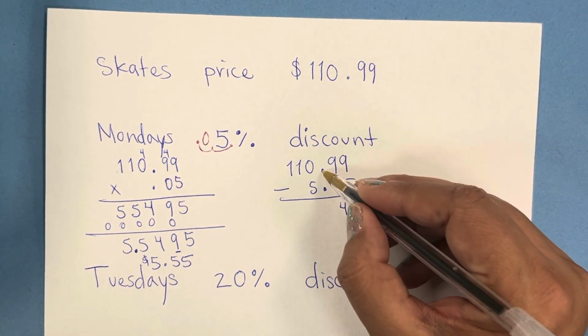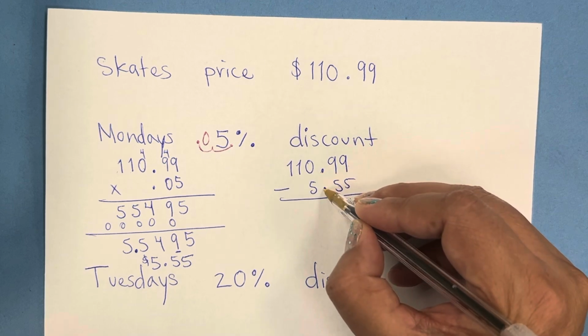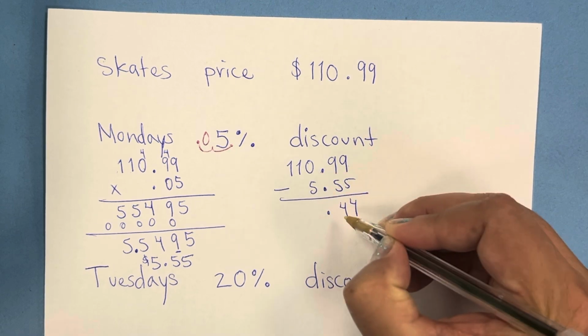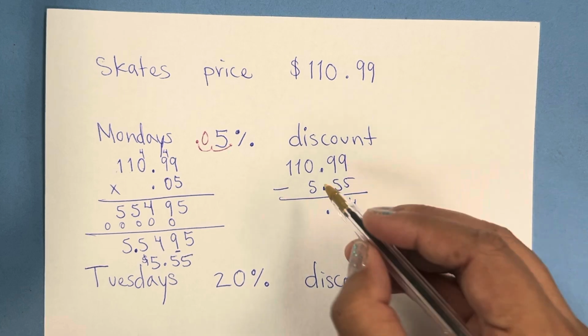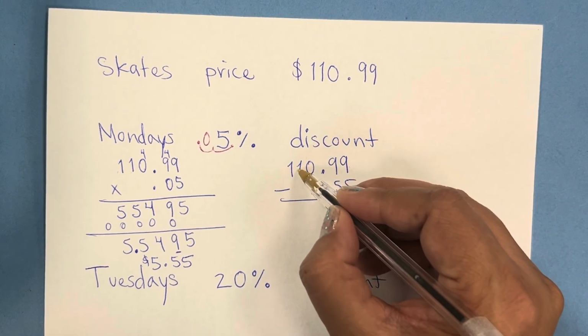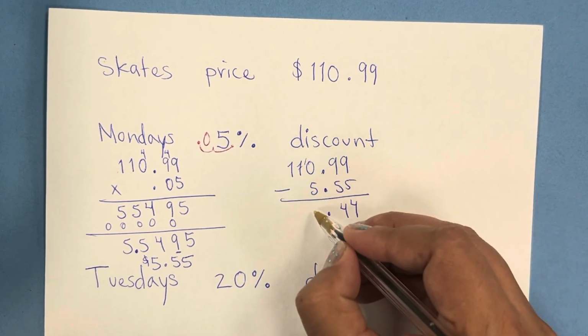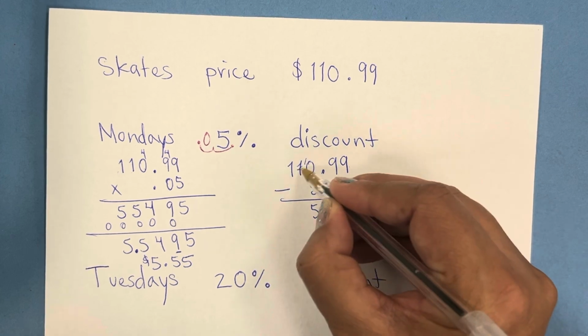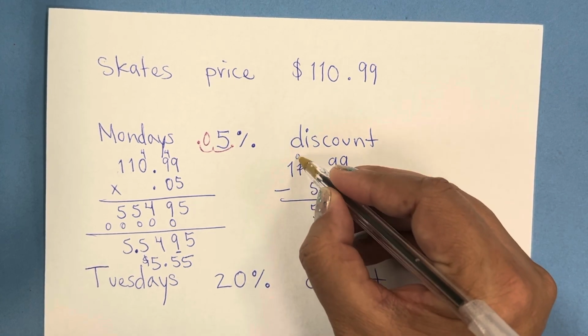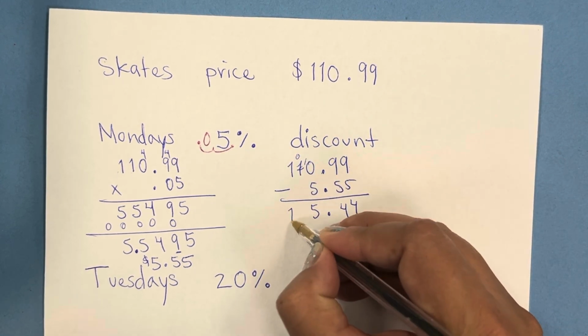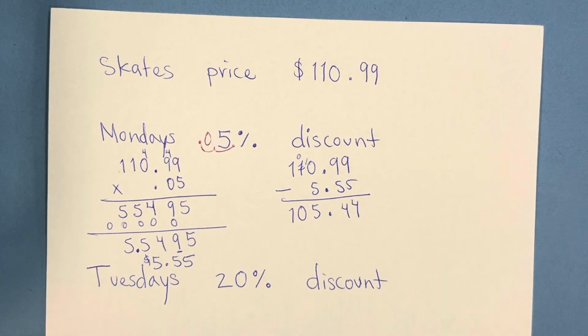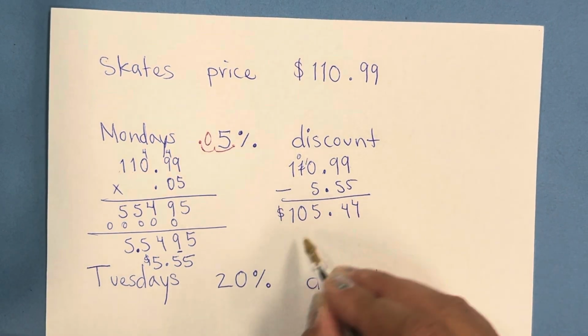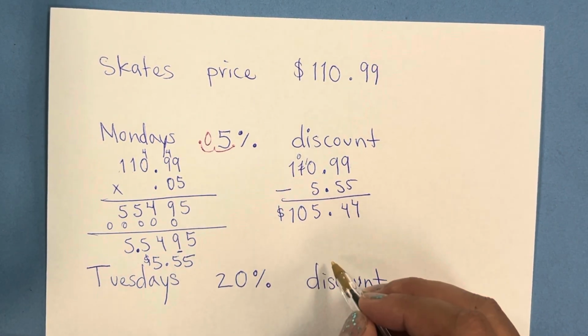In subtraction, we just align the decimal point and bring it down in that same place. In here, we borrow 10 minus 5 is 5, and then now this is 0. And so 10, you just bring it down. So my new price will be $105.44.